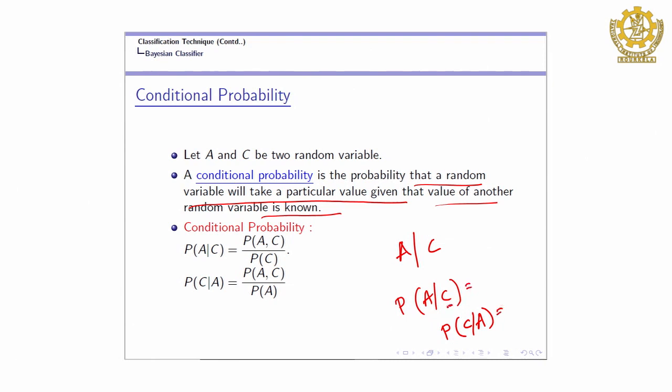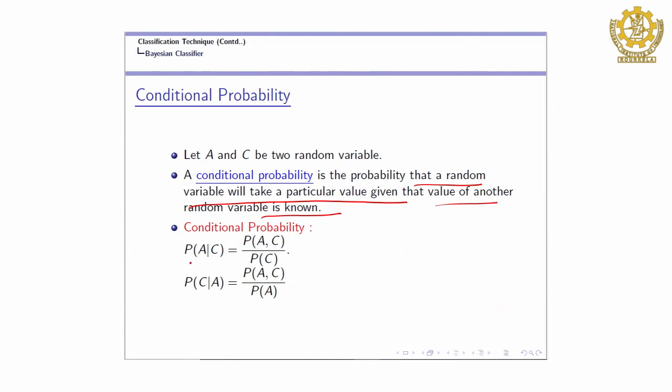When you know one thing has occurred, you find the probability of the other thing. Obviously, A and C are random variables that are not independent of each other. Now, this is the Bayes conditional probability theorem.